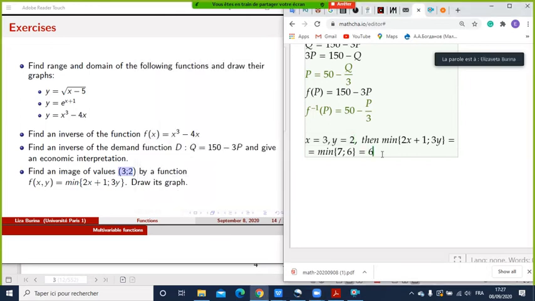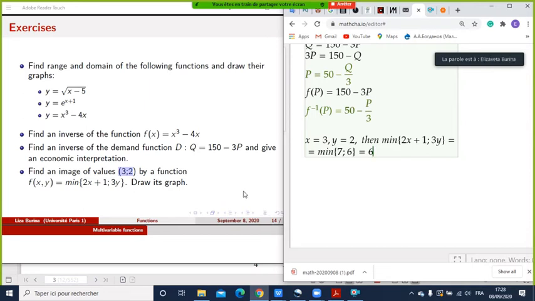Okay, perfect. So now let's figure out what is going on when we plot it. We cannot plot it in 2-dimensional space if everything is changing, right?